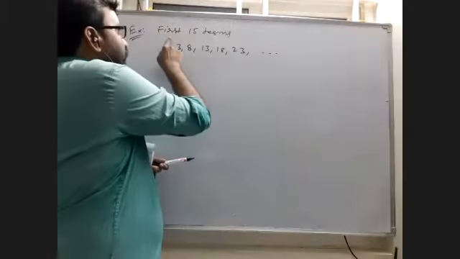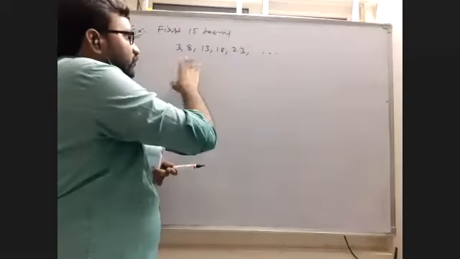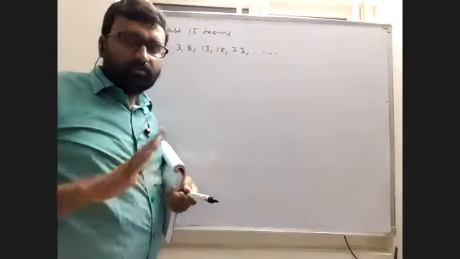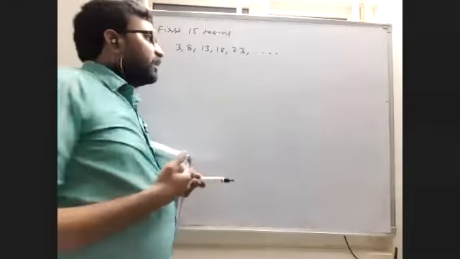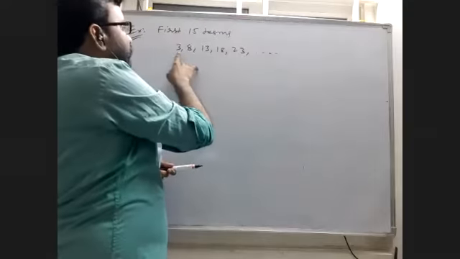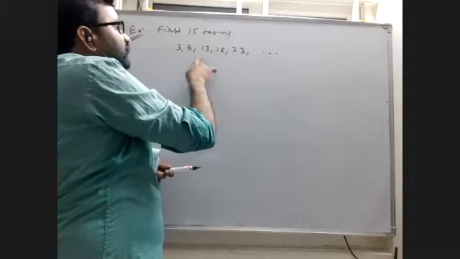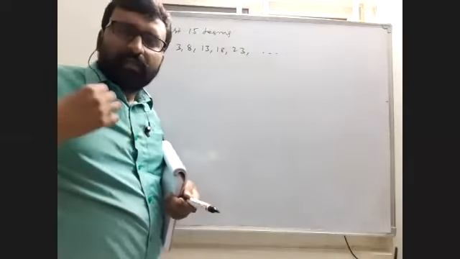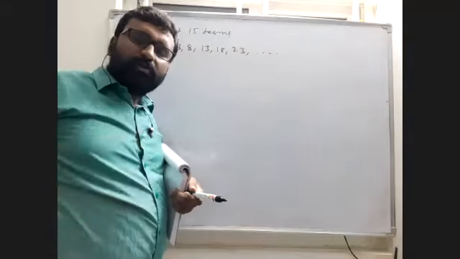He's asking find first 15 terms. So you can write this progression up to n terms, not only 15, 16, 17, 18. We can write number of terms 23. Then what is the common difference? 3 plus 5, adding 5, 8 plus 5, 5, 5, 5. Like that you can write up to the last term.